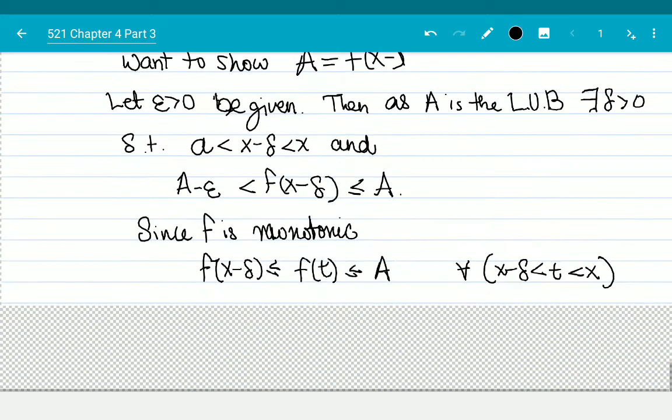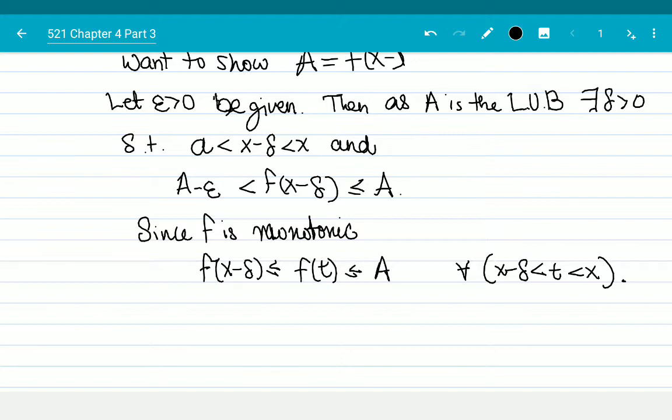So we are saying something that is slightly better than the condition I just said. I said that f of t would have to belong in a minus epsilon to a. What we are claiming here is something slightly better: it has to lie between f of x minus delta and a, rather than a minus epsilon. However, what we want is essentially the same.